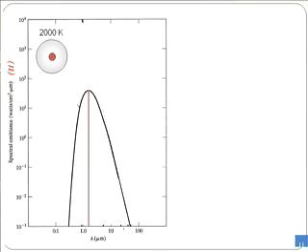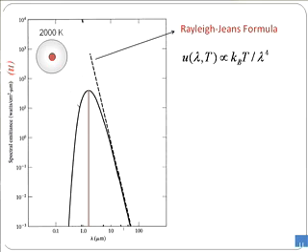So one group of people could explain why the higher wavelength part behaves in this particular way. They made a very simple calculation, and they said that it should be going as kT over lambda to the 4, where T is the temperature and Kb is the Boltzmann constant.